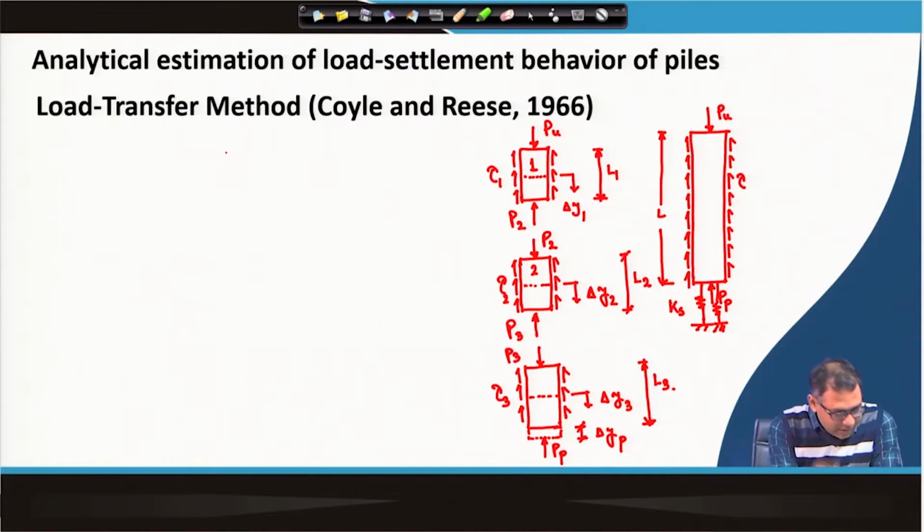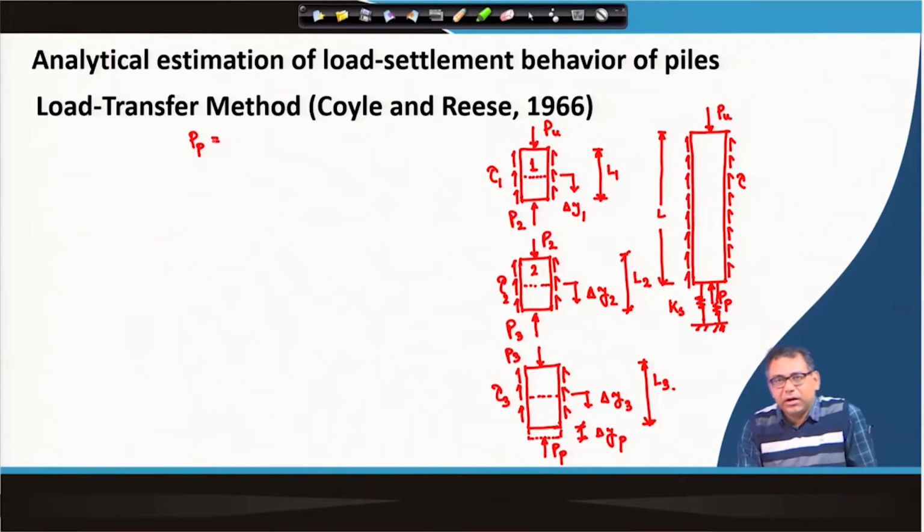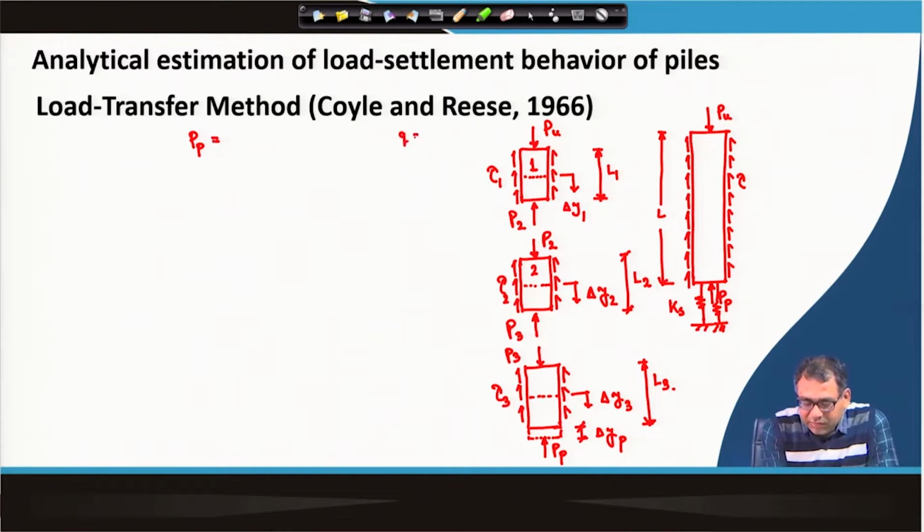Now we can write that Pp, which is the tip resistance, will be equal to, as I discussed during the beams on elastic foundation part, that at any point the stress q is equal to Ks into w.